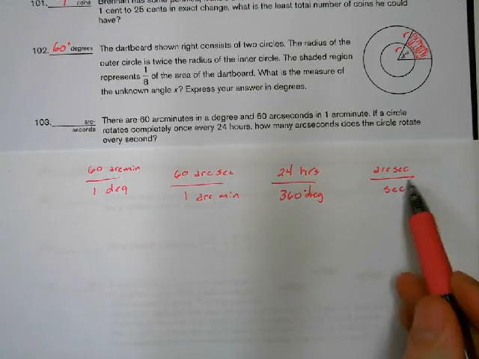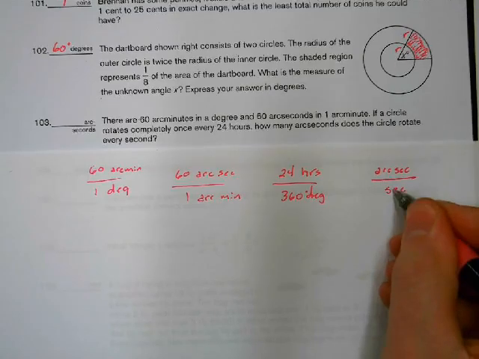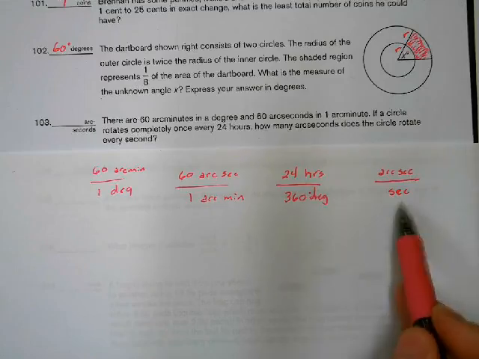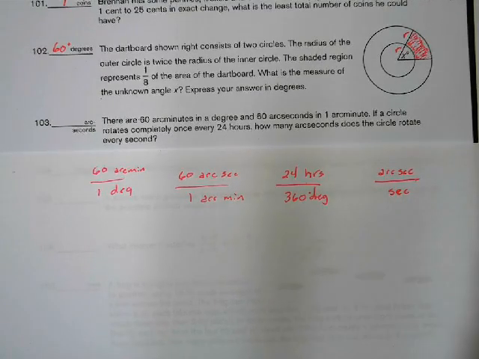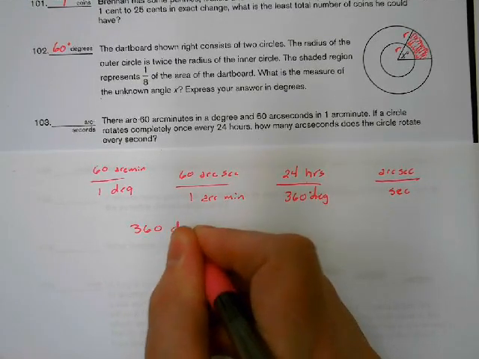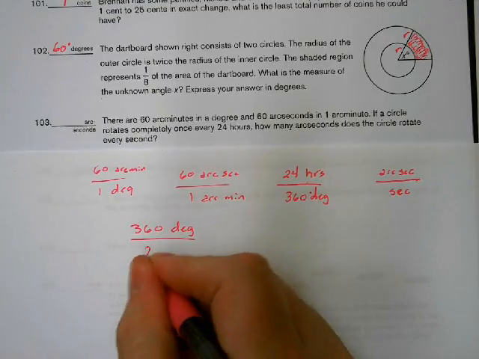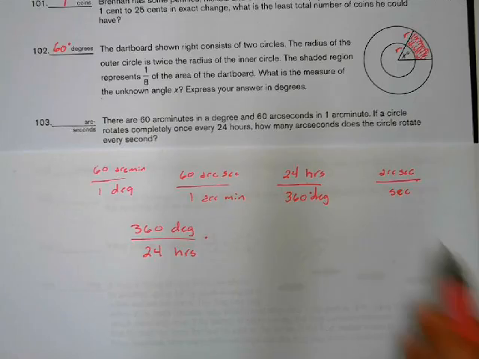So, here's what I got. The first thing that I notice, these are seconds. I need time in the denominator. So I'm going to take this first one and flip it so that I have 360 degrees over 24 hours. I'm doing this as a conversion problem. Now I need seconds in the denominator.